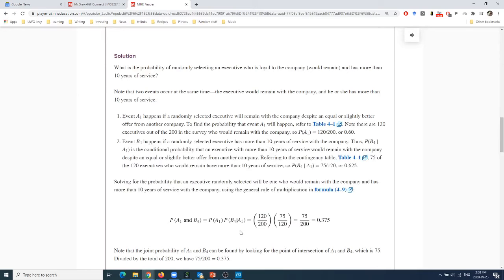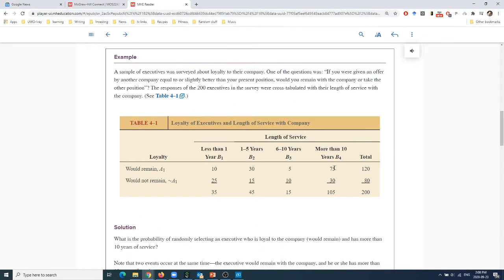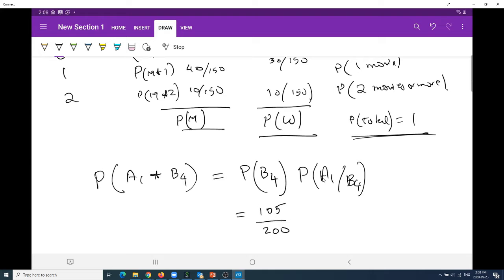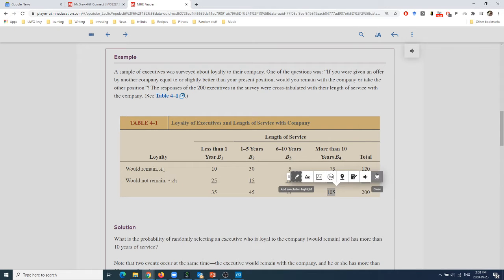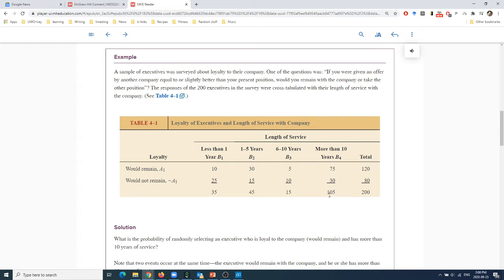So in the previous scenario we did the probability of B4 given that A1 has occurred, which is 75 divided by 120. But now we are looking at the probability that A1 is going to occur given that B4 has already occurred. So B4 has already occurred. That means you're looking at only the total number of people within B4.